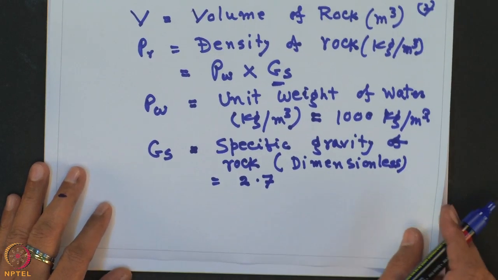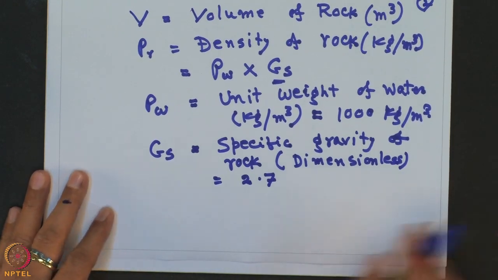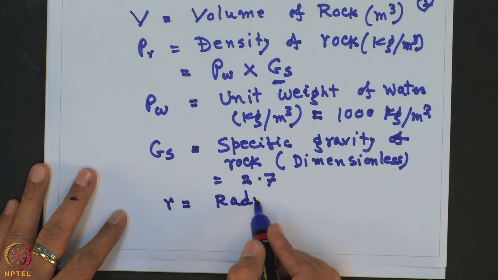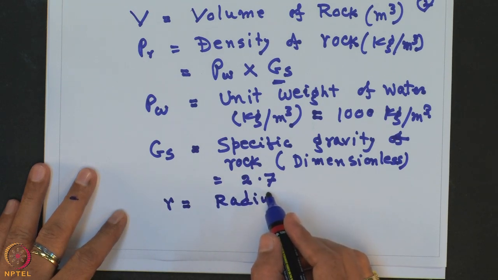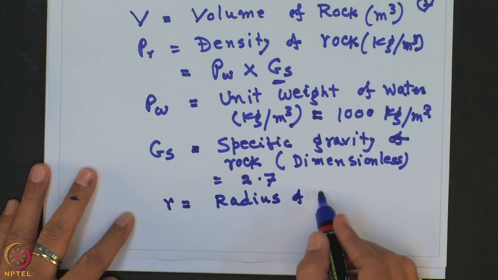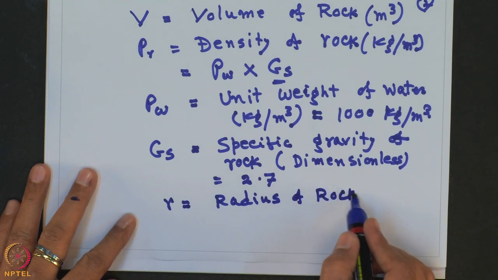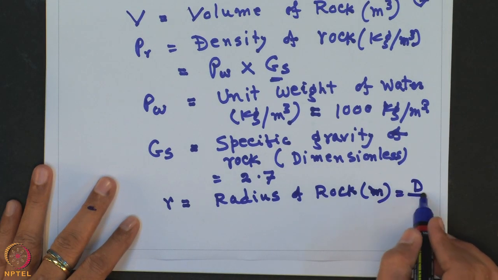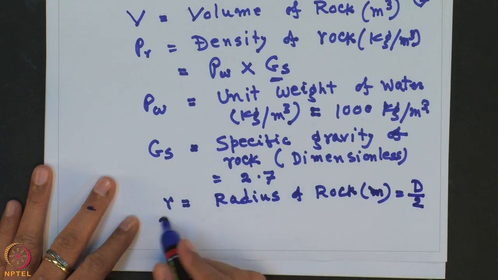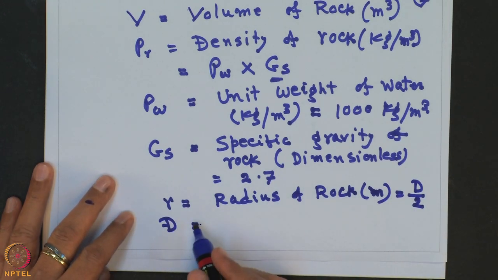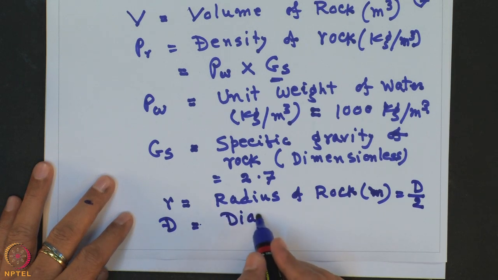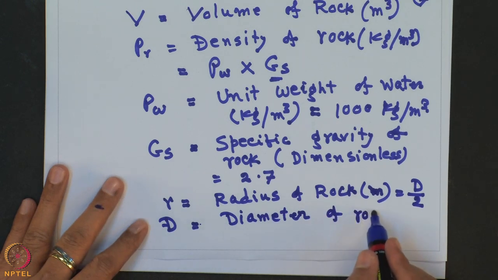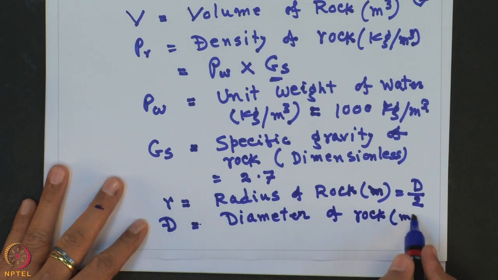And you know that r, small r, is the radius of the rock, which is in meter, equal to d by 2, where d is equal to diameter of rock, in millimeter.